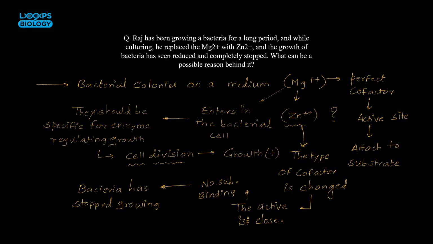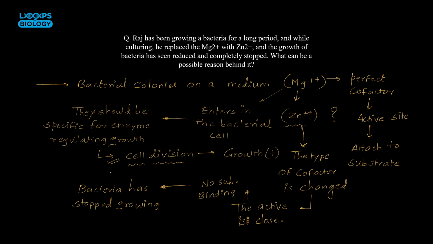As the bacterial colony has stopped growing, that means their enzymes are not working at their proper pace and at a proper position. Whenever we are not allowing the enzyme to work at its proper pace, the bacteria has to stop growing at the end, because they are not getting as much energy as is required for cell division.